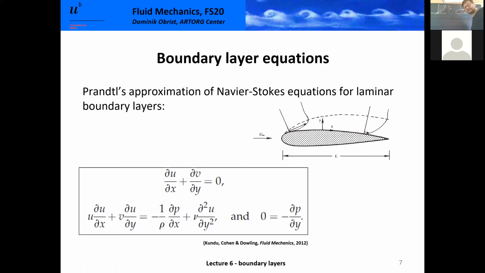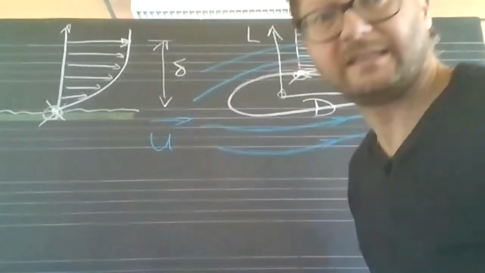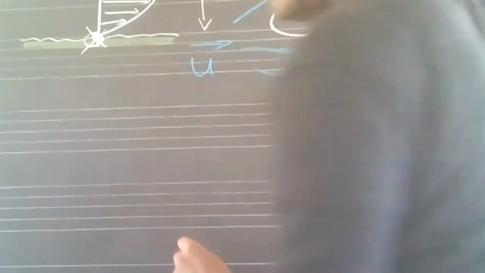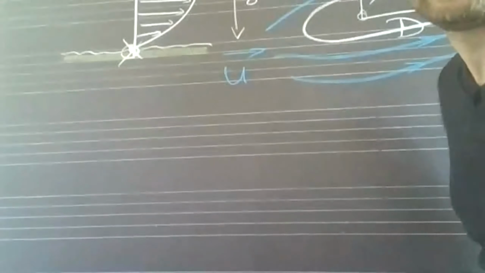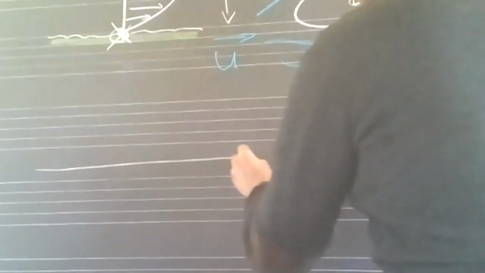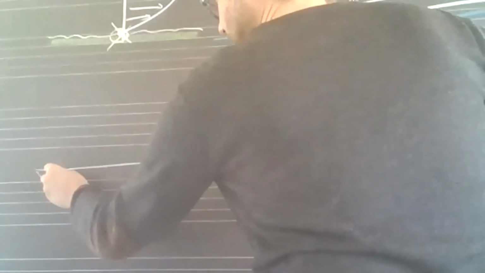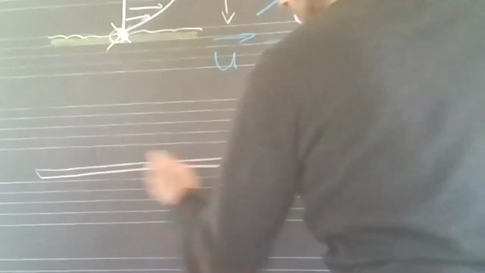So let's look at this again on the blackboard, what this means. Let me draw maybe a slightly bigger diagram here. If we assume we have a flat wall, I'm not doing an airfoil now, just a flat wall, plate if you like.